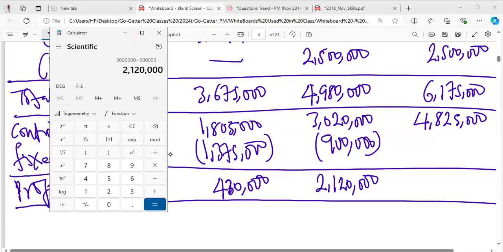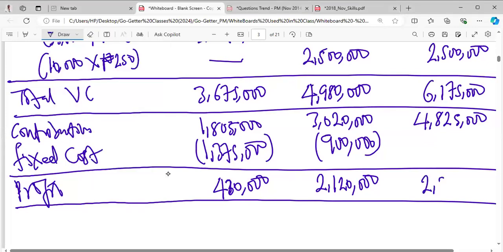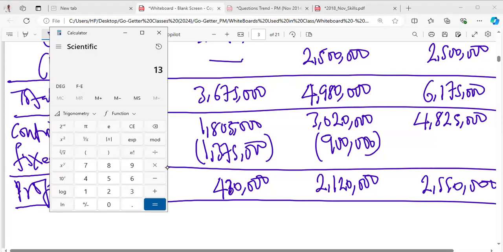And let's see that of the company. If I add these two together, this plus 430, that should give me the 2,550,000 that we needed. Meanwhile, for formality, let's complete this. We have 1,375,000 plus 900,000.